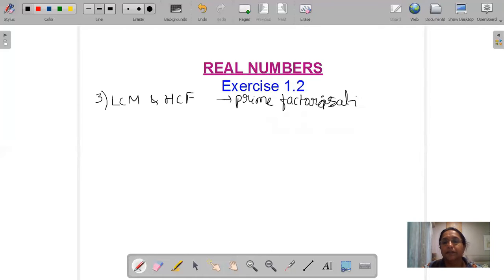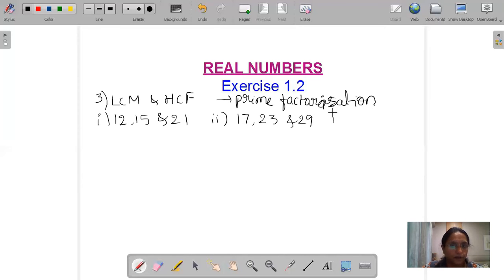Okay. So here the first one is 12, 15 and 21. The second one is 17, 23 and 29. The third one is 8, 9 and 25. Solution. Here, instead of two numbers, three numbers are given. We have to use the prime factorization method.